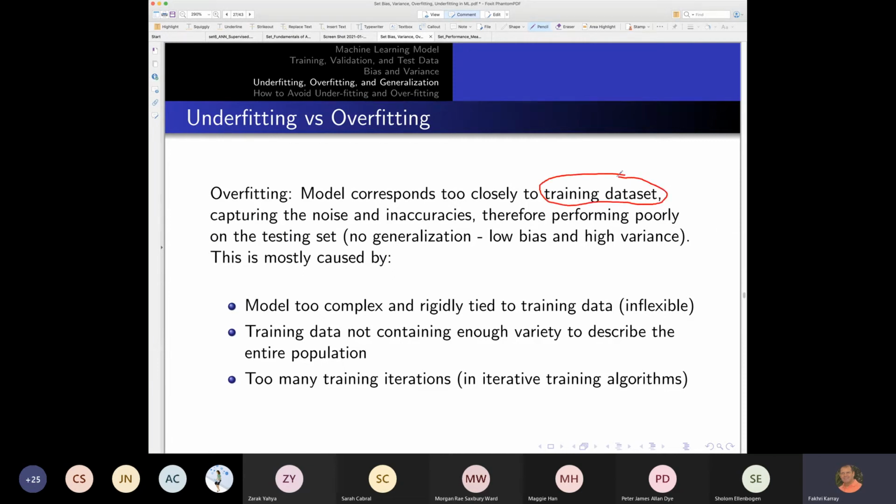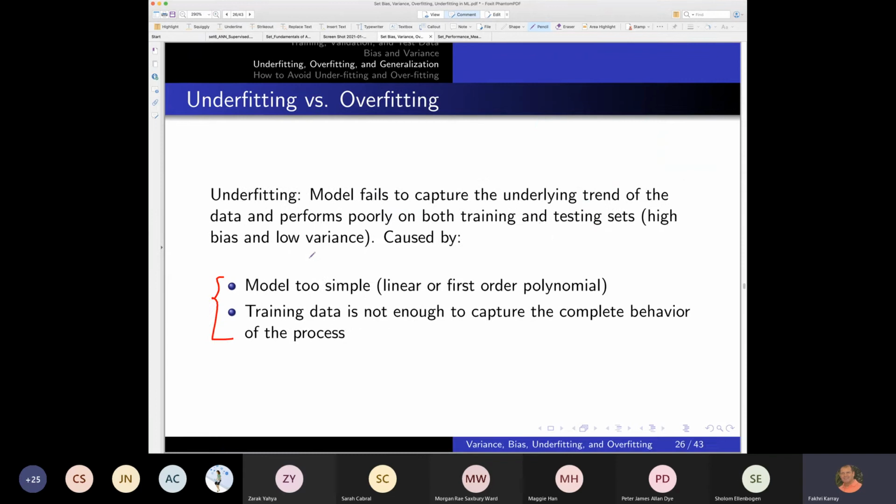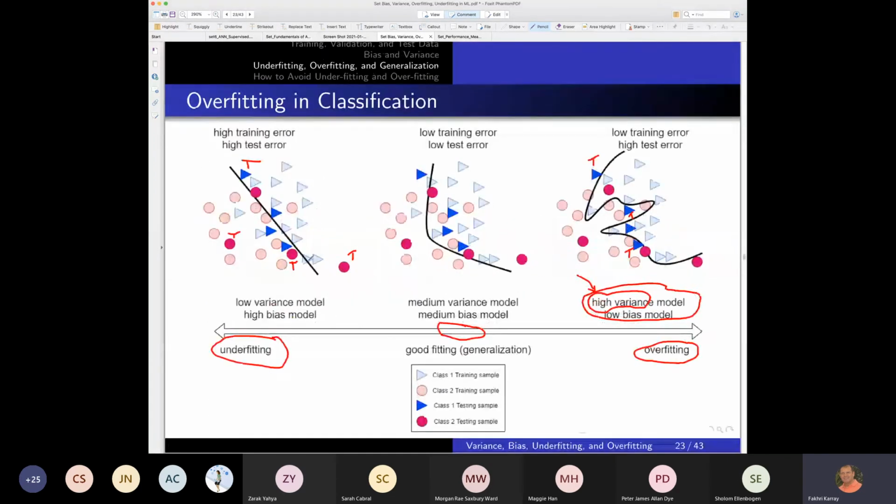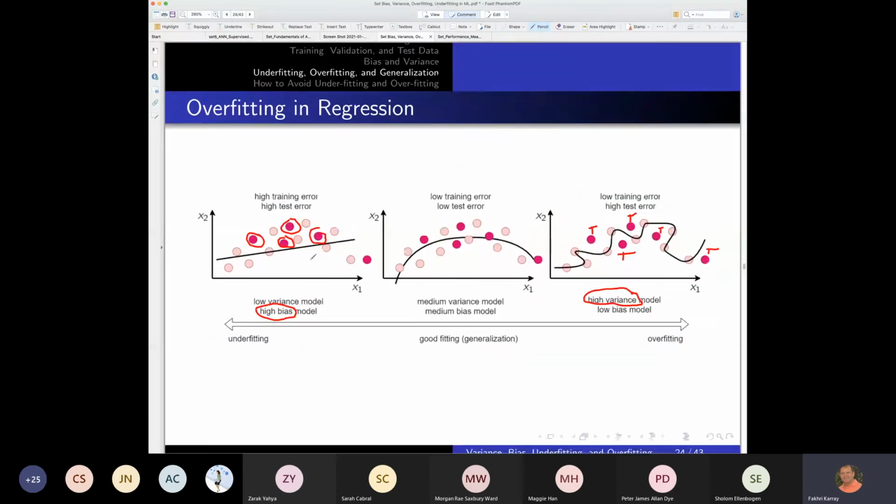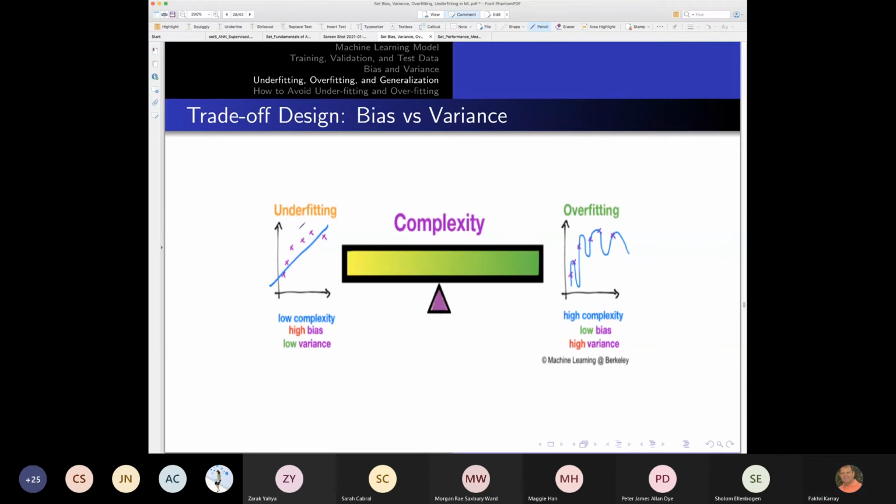The system has been trained mostly over this training data set. So the system doesn't have good generalization, which is bad behavior of a machine learning model. So this is low bias and high variance. This is what I mentioned to you in the early slides when we are located in this particular area here.